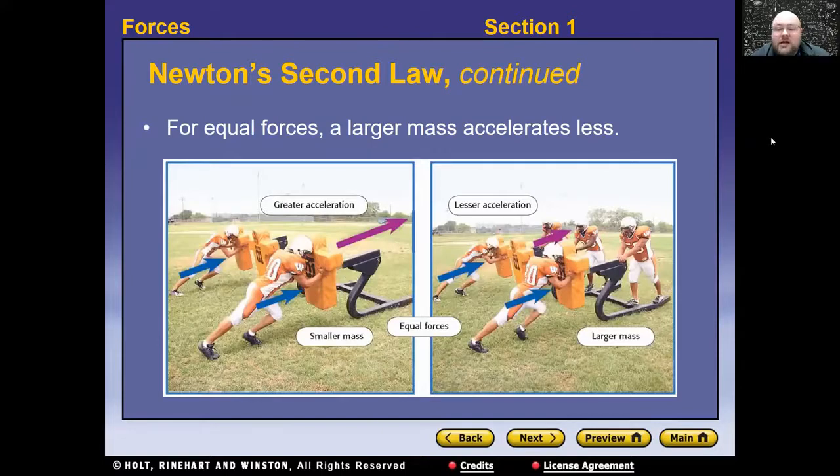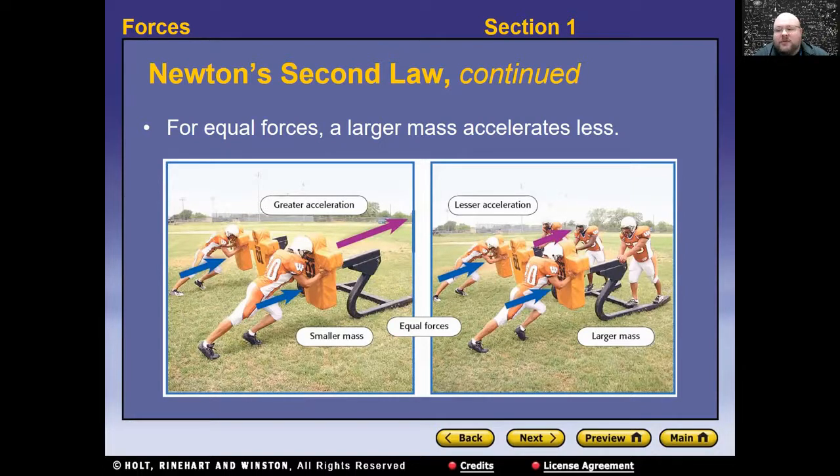Now, for equal forces, a larger mass is going to accelerate less, or you could say a smaller mass will accelerate more. If you look at these pictures here of the football players on the practice field, you have two guys pushing the equipment, so it's a smaller mass.